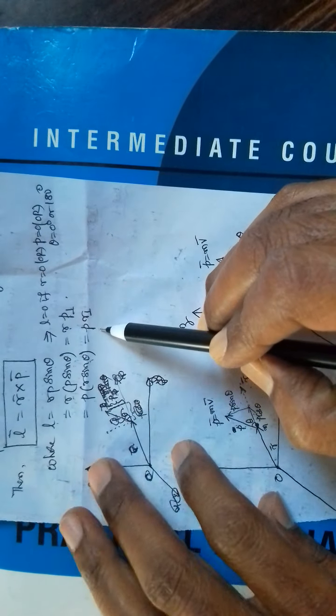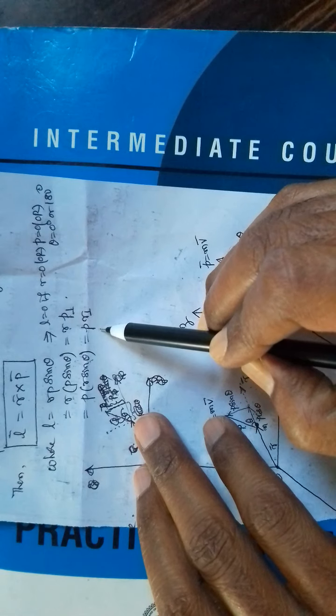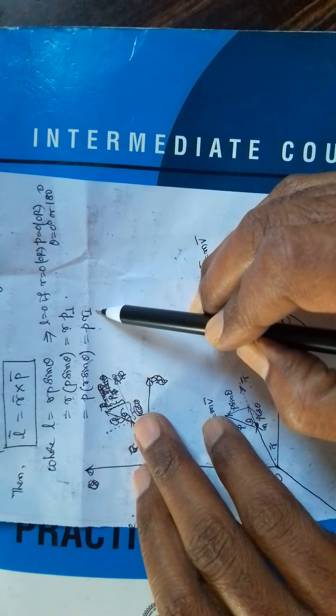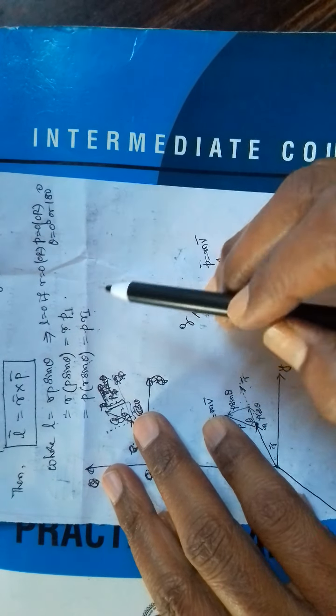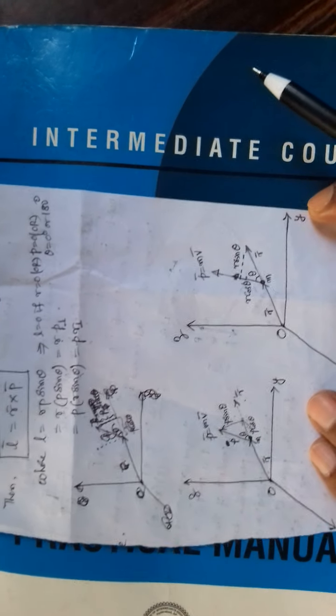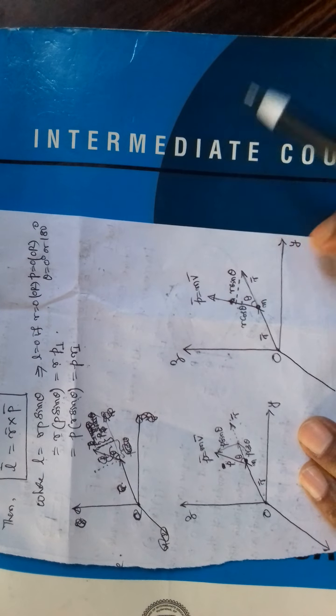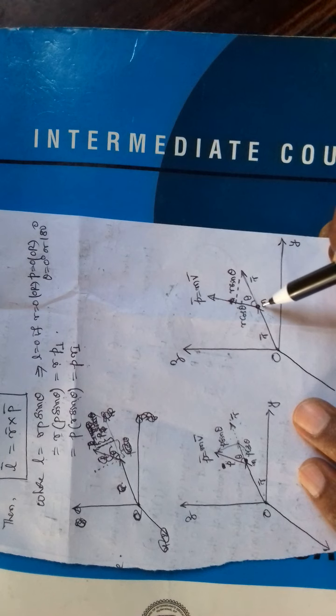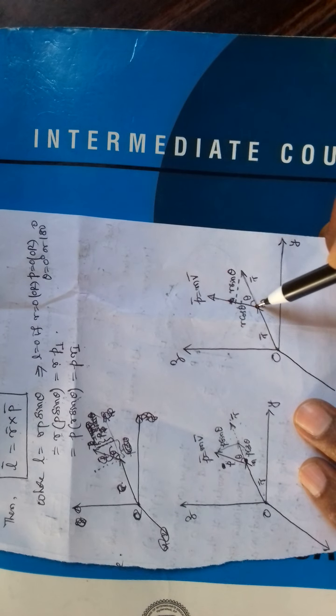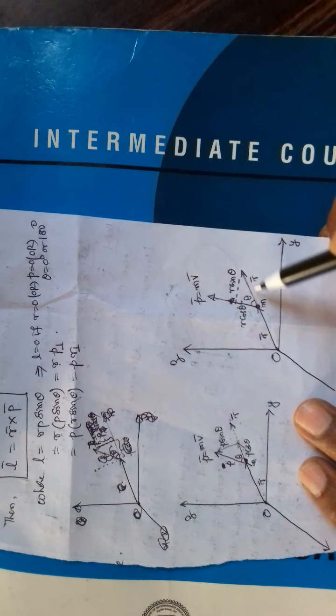Now p is linear momentum, r sin theta is the perpendicular distance. Let us see in this diagram here. Mass particle, position vector moved forward.